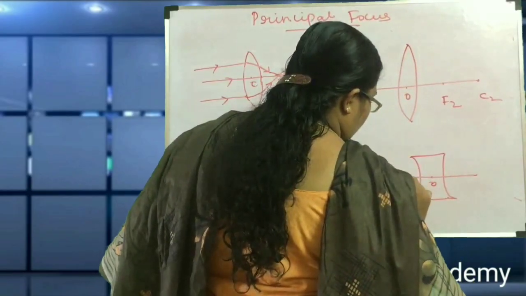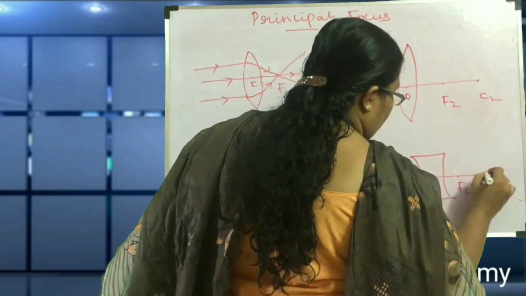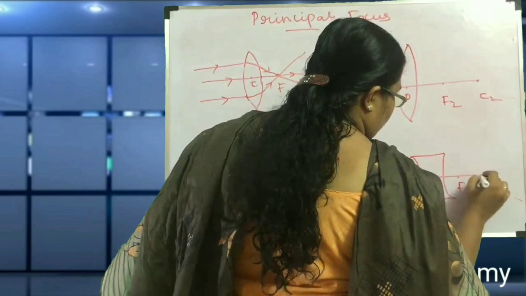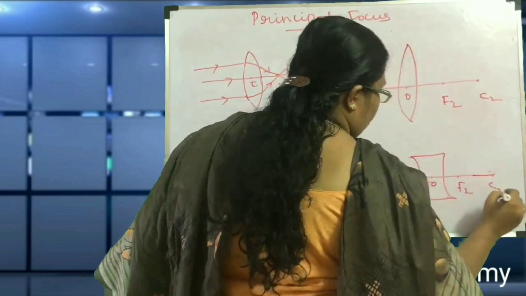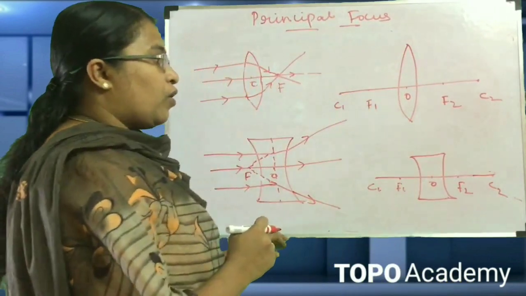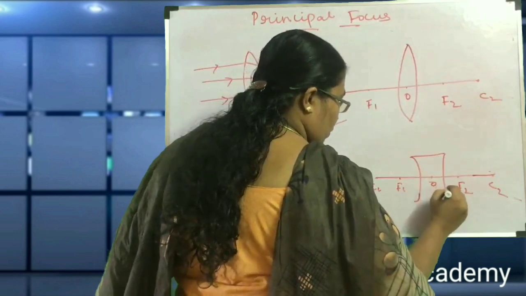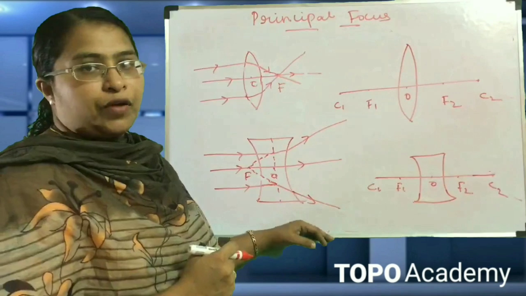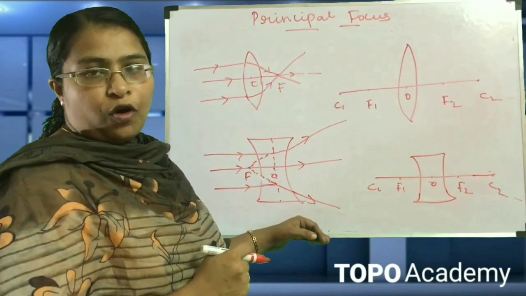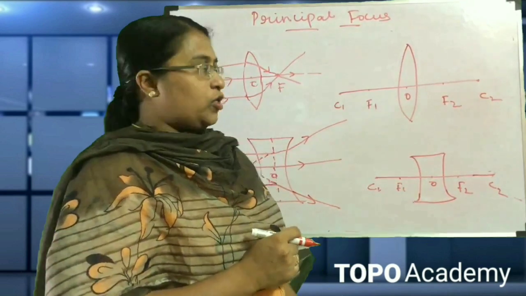C1, C2. In case of a concave lens also we get two centers of curvature C1 and C2 and two principal focus F1 and F2, and the center of the lens is known as the optical center.